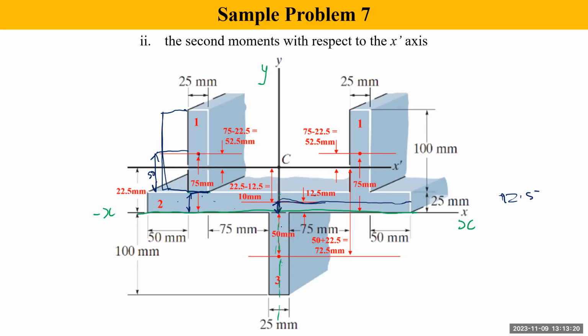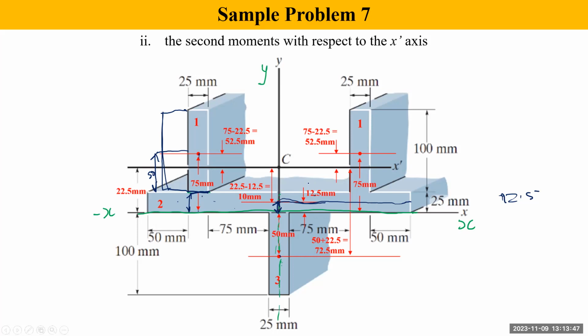And for this one, it's similar. This distance here that you need to find it from is here. Halfway through here is 50 for that part.